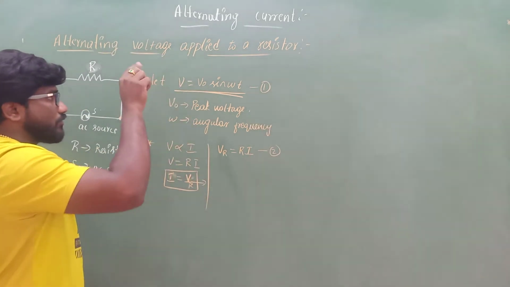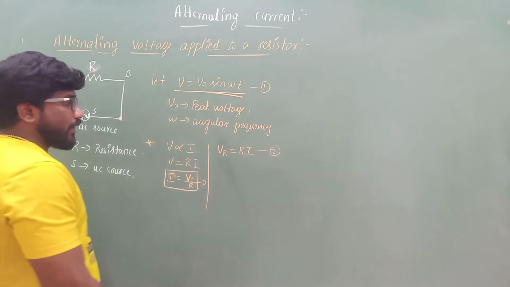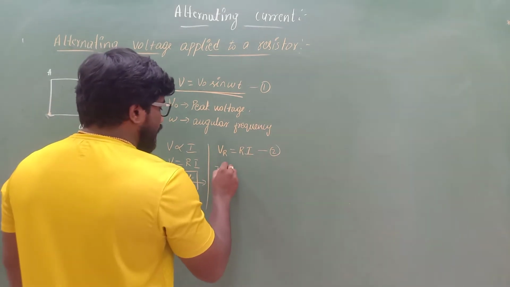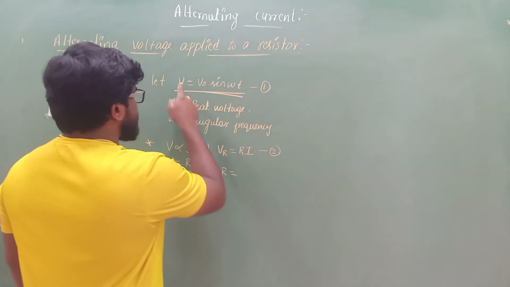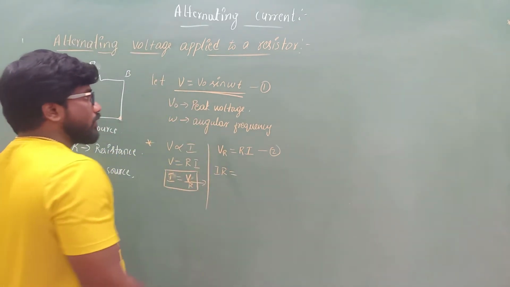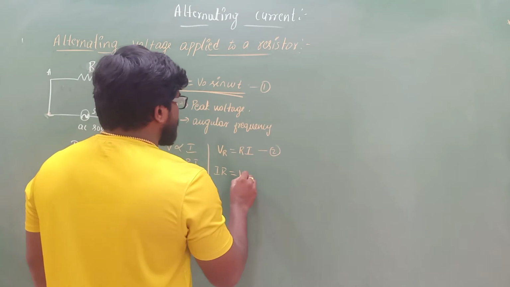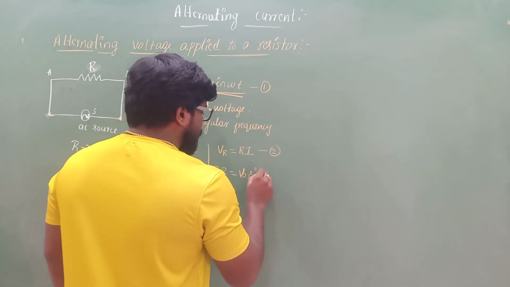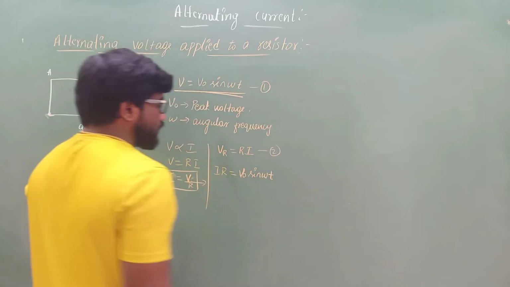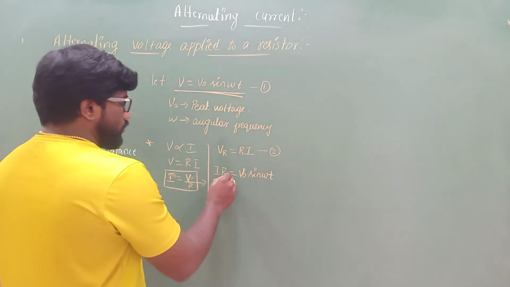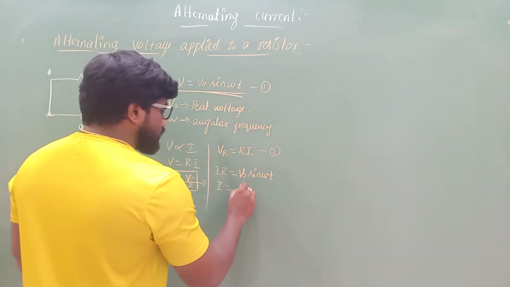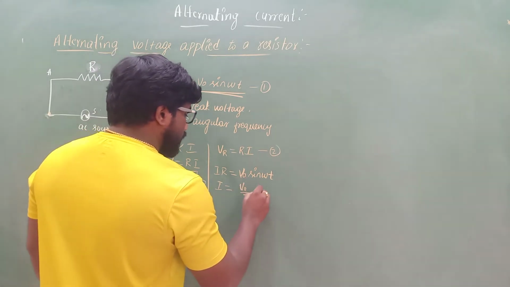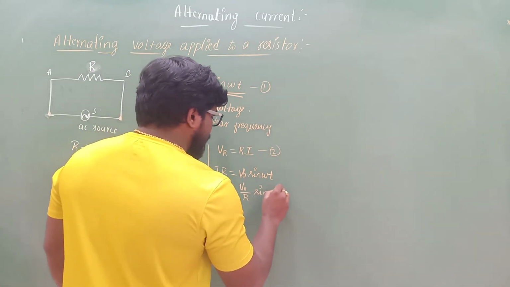When you compare equation 1 and 2, what can I write? I into R is equal to V naught sin omega t, since the left-hand side is nothing but the voltage. So I is equals to V naught by R into sin omega t.